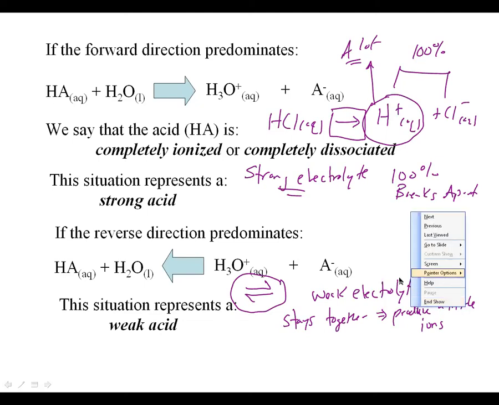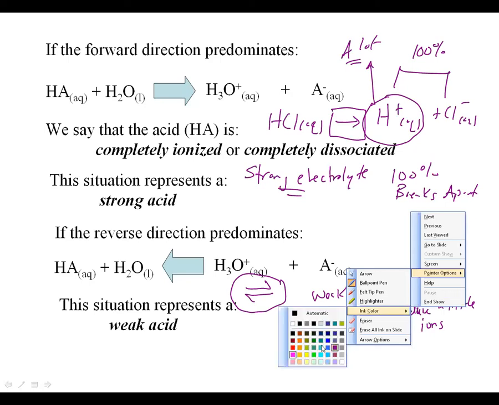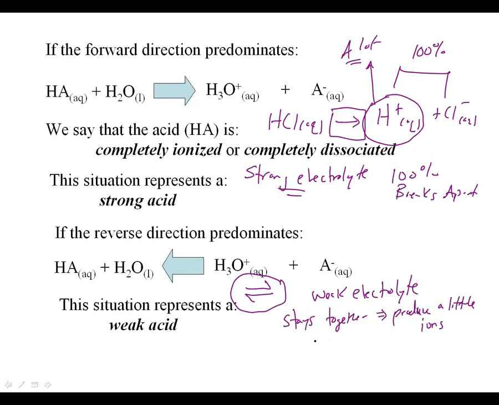An example of a weak acid is hydrofluoric acid, HF. Again, you see those reversible arrows. It will break apart into H plus and F minus.